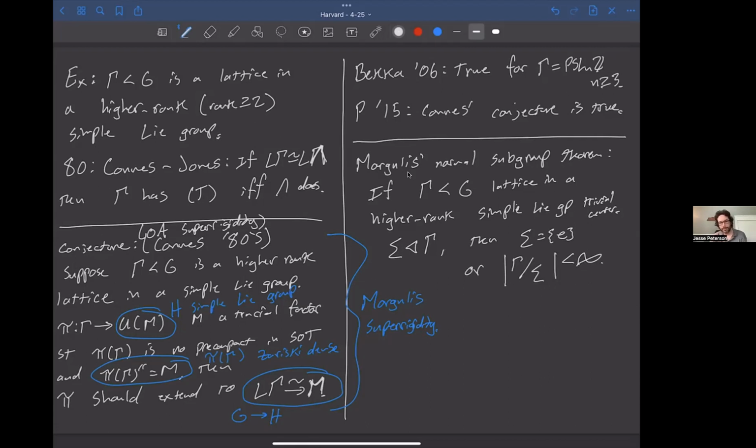And his strategy for proving this, so here's again the proof idea, is quite remarkable. He supposes that the subgroup is not the trivial group. And then he shows that the quotient group is amenable.